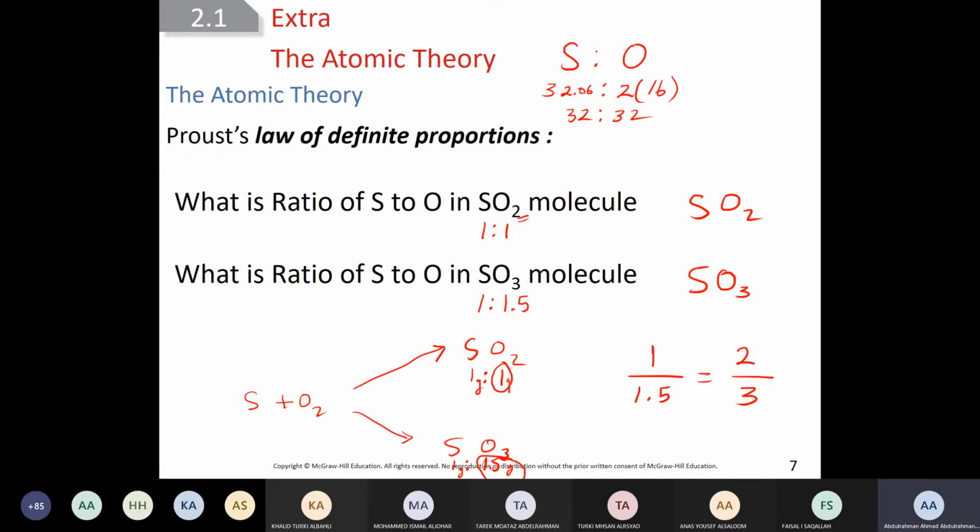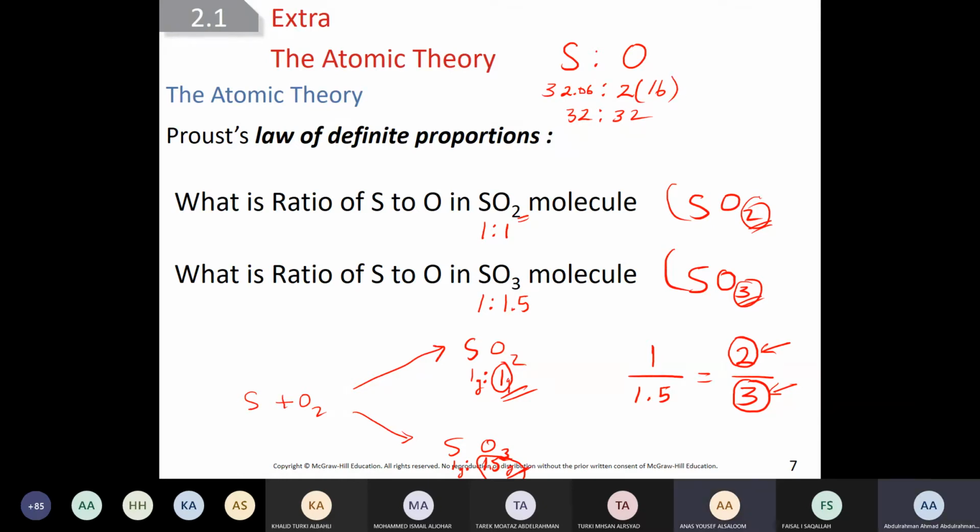Now, I want you to notice another thing. Do you see the 2 and 3 in these compounds? Yes. How do you see them? The number of atoms of oxygen. So they discovered that when you have more than one compound, we can discover from the amount of oxygen what this ratio will be. It is 2 to 3.